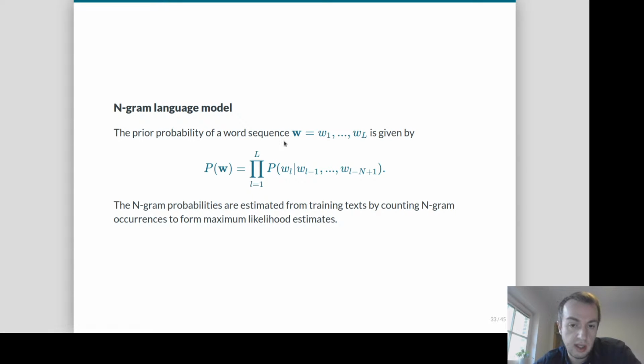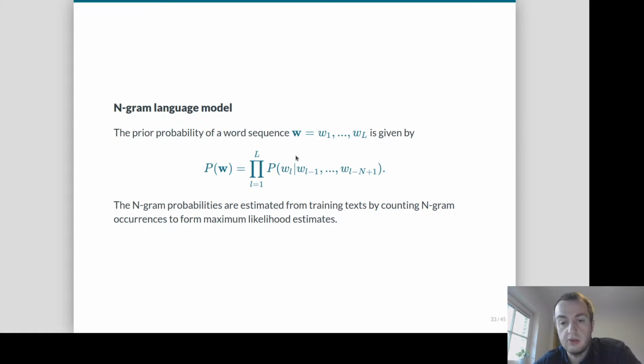This is a choice again that you would have to make, but you could say that the probability of seeing word L depends on the n previous words in the sequence, right? And then you would model the probability of a word sequence as the product of these individual conditional probabilities over the words that constitute this sentence W.